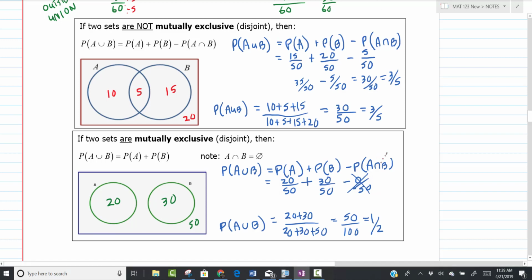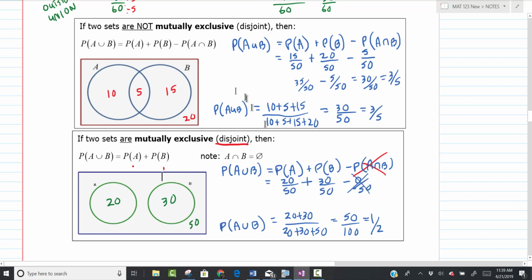So what this is saying is if you have disjoint sets, if you don't have an intersection, then you just do the probability of A and B and add them together. You can always use this formula. It's just that if the intersection's the empty set, you don't have to worry about it. If you use the same formula, you would get a 0 there anyway.